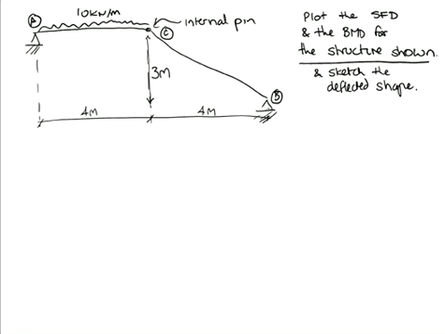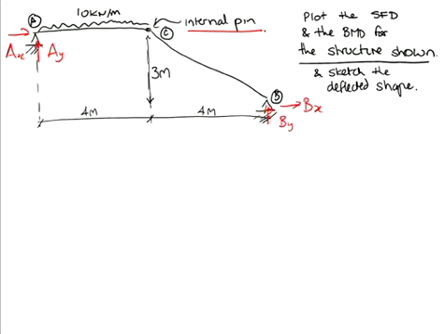So looking at this problem here, you would, of course, start the problem saying, okay, I have 2 pin supports, 4 unknown reactions, but I'm not going to panic because I have an internal pin in there, and I know what that means is, in order for me to calculate reactions, I need to split it at the pin.